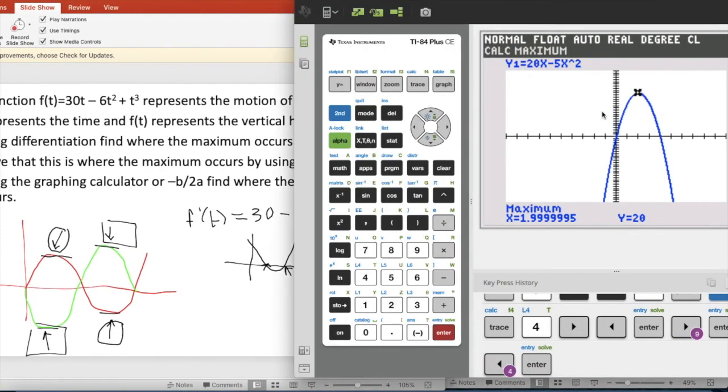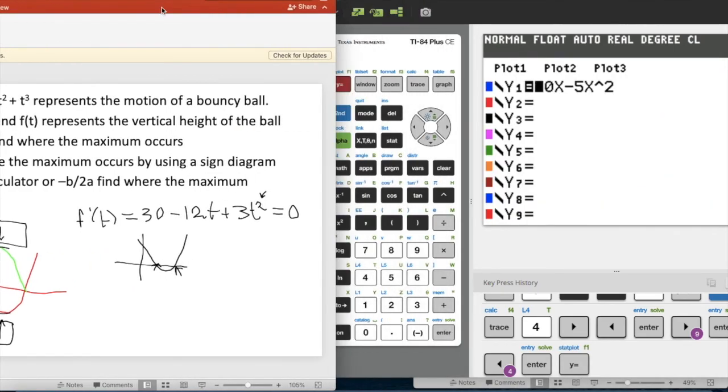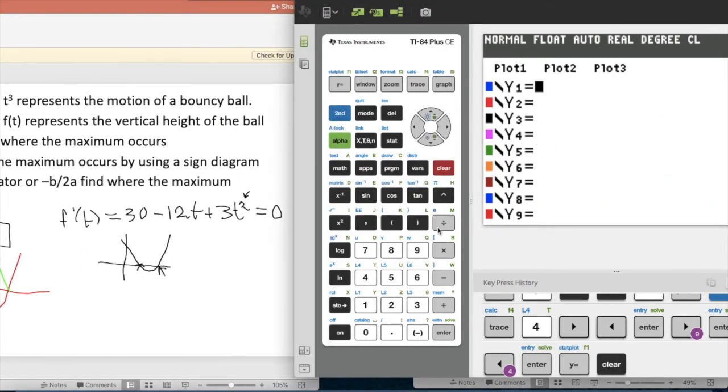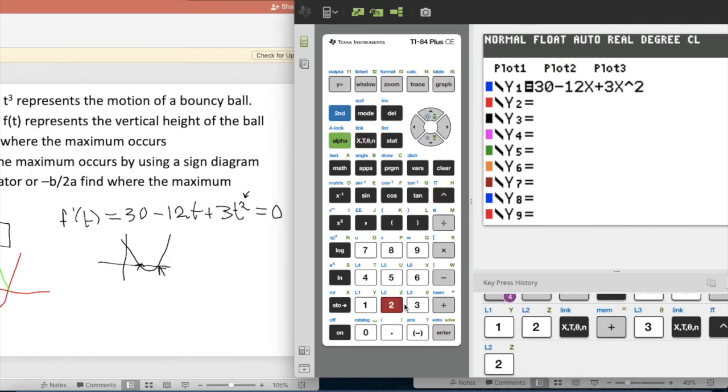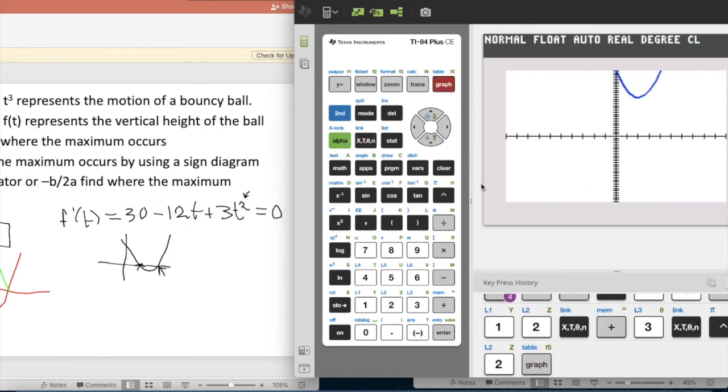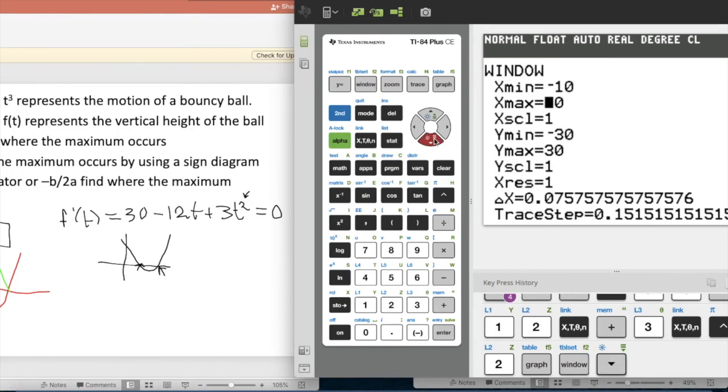It's either going to be option 1 or option 2: positive 0 negative, or negative 0 positive. And we're going to say that at 0, it's going to be positive. At 0.268, it's going to be a 0 tangent. And then at 0.5, it's going to be a negative gradient.